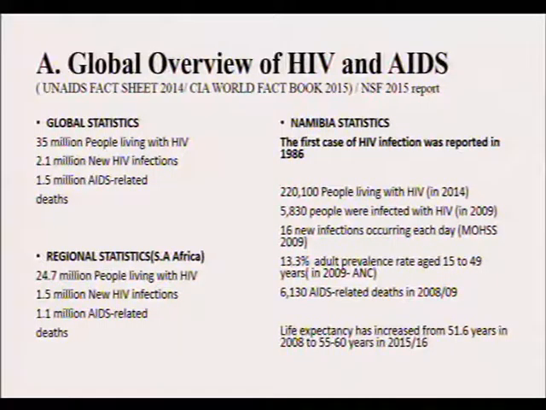So when we look at Southern Africa, what are the statistics? Sub-Saharan Africa, Southern Africa, where Namibia is part of it, SADC, we're talking about 24 million people living with HIV/AIDS. If you take the 35 million globally and compare it with Sub-Saharan Africa, you will see that the statistic in Sub-Saharan Africa is quite high.